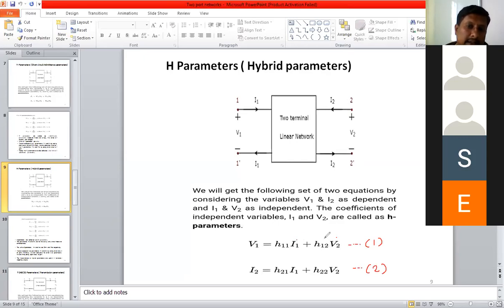The coefficients of I1 and V2 are called H parameters: H11, H12, H21 and H22. So we get the following set of two equations by considering the variables V1 and I2 as dependent variables, whereas I1 and V2 as independent. The coefficients of independent variables I1 and V2 are called H parameters. Equations 1 and 2 are already shown here.